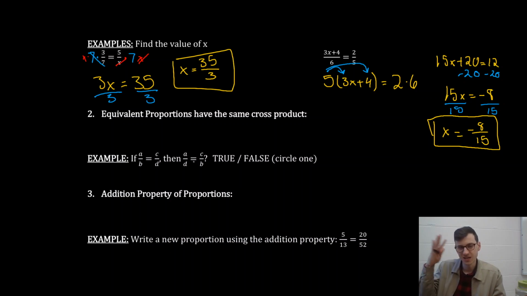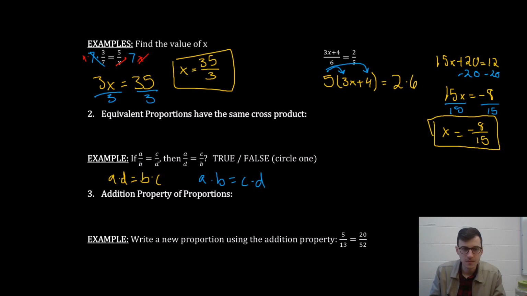My brain, it's hard for my brain to tell. So let's cross multiply here. Again, we're multiplying by the denominators, but it's just so much easier to say cross multiply. A times D equals B times C. And over here, if I cross multiply, A times B equals C times D.